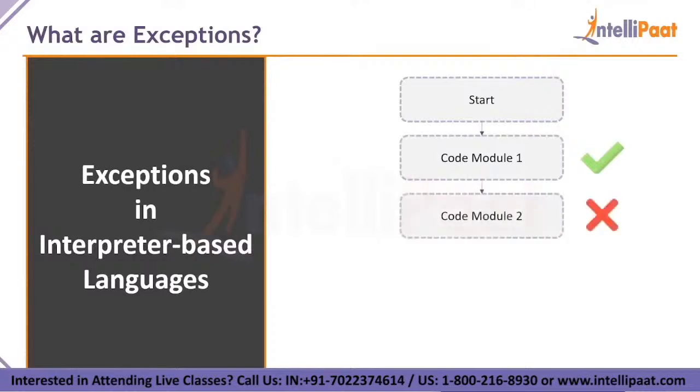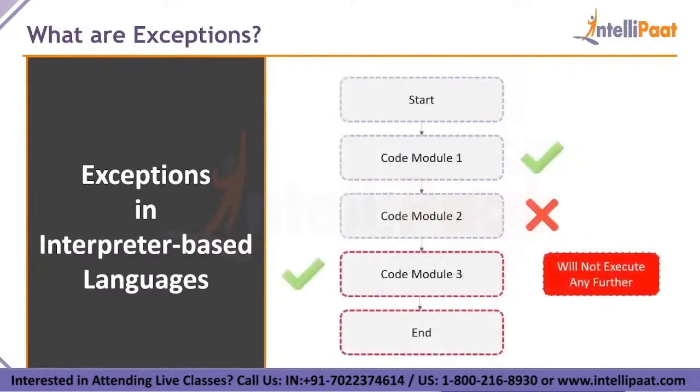So the next code module where there is an exception, when that is encountered, what that will do in interpreter-based languages is that it will stop the execution altogether. So the next code module will not execute either, right? What happens essentially in this particular case is that even if code module 3 does not have any exceptions, it is completely logically correct, it will still not execute.